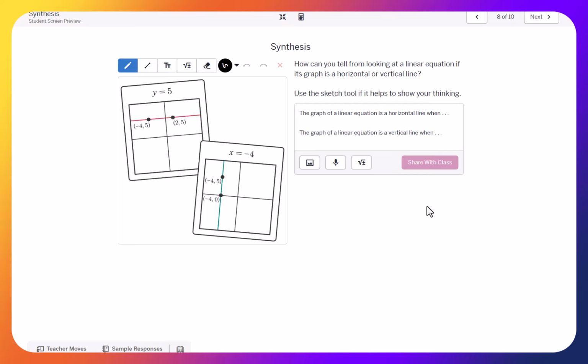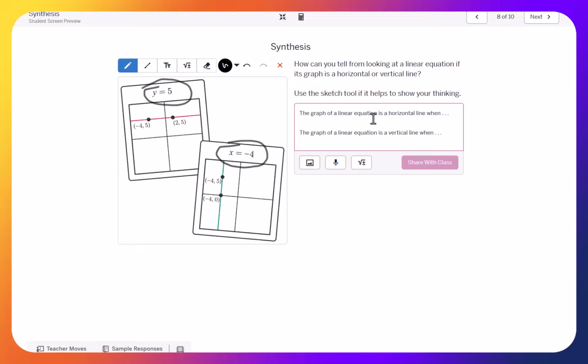Let's finish up with these 2 slides. The goal today was to know what the equations for vertical lines and horizontal lines look like. So how can we tell from looking at a linear equation, like this and this, if its graph is a horizontal or a vertical line? Use the sketch tool if it helps to show your thinking.